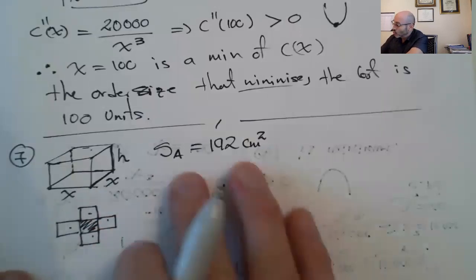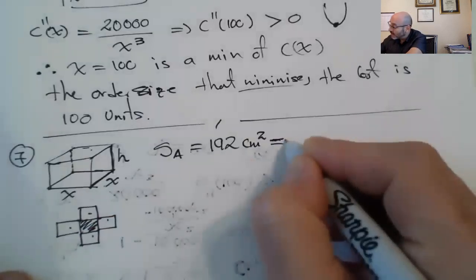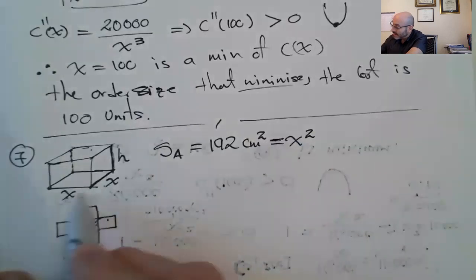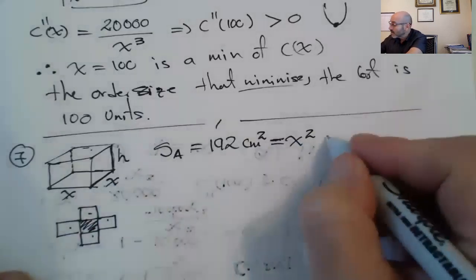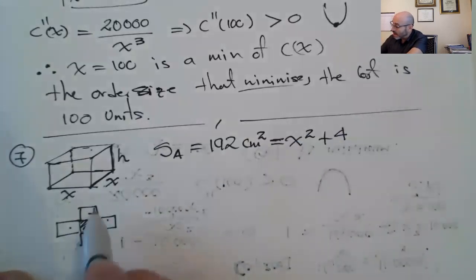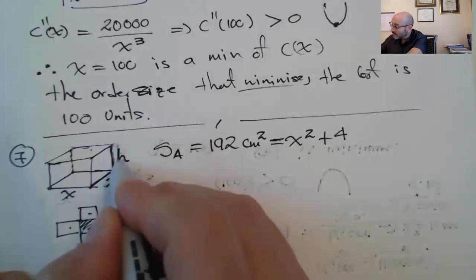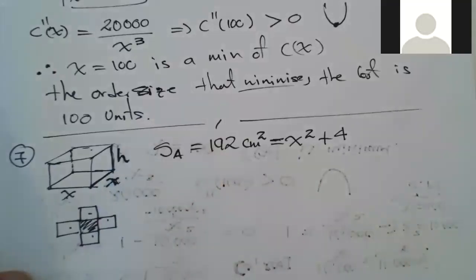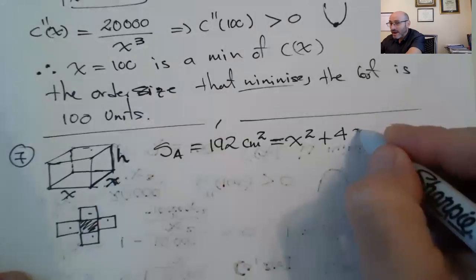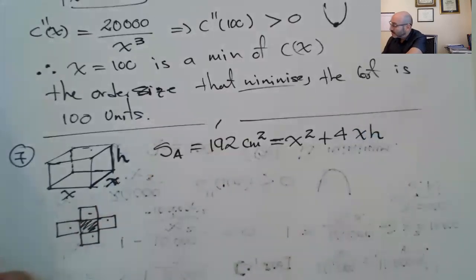So the formula for the surface area will be the area of the base, x times x, x squared, plus 4 times the area of the sides. The area of the sides will be x times what? h. So x times h.